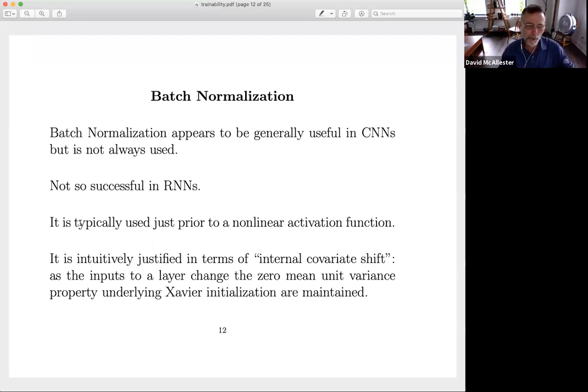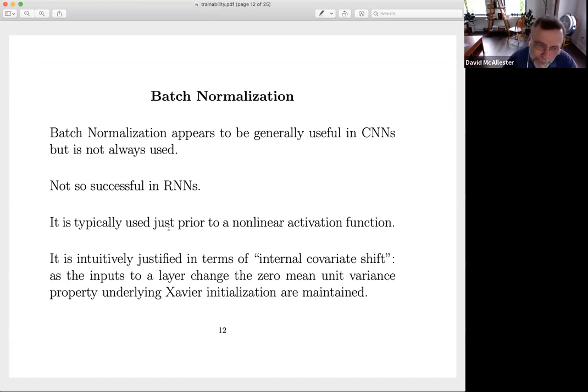And as I said, the point is to get the value in the active region of the activation function, so it's typically used just prior to an activation function. The activation function is not part of the batch normalization. The batch normalization just does an adjustment before you feed it to the activation function.